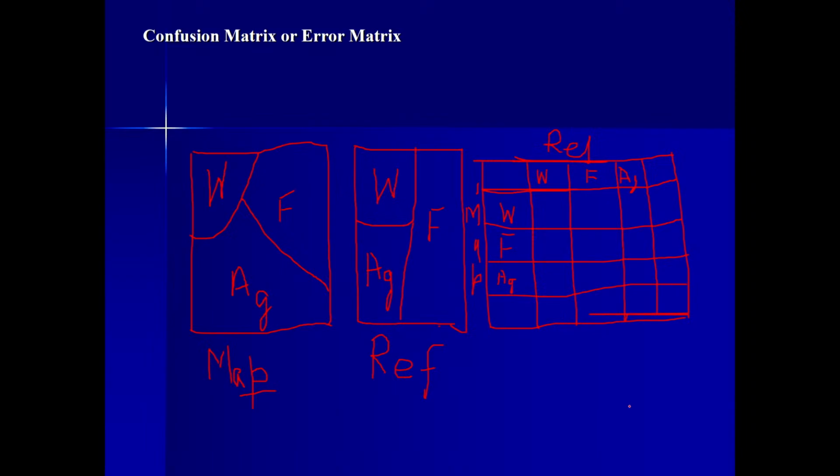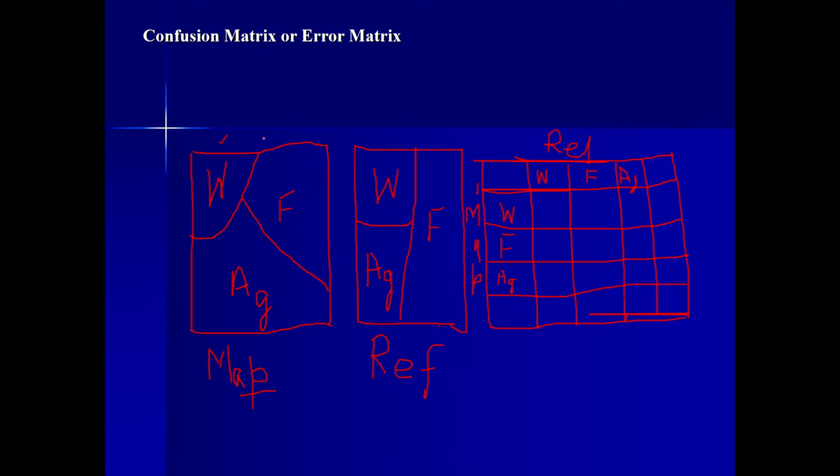Now to check the accuracy of the thematic map, we require some testing samples. Testing samples can be randomly generated or stratified random. If it is randomly generated and we select 20 points, they are randomly distributed. There can be uneven distribution of the samples through the random approach.